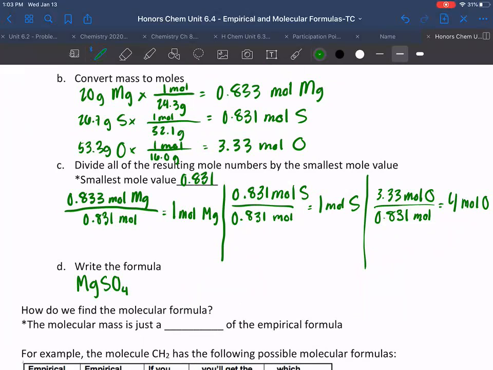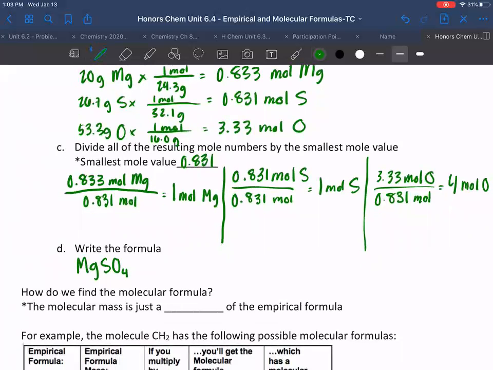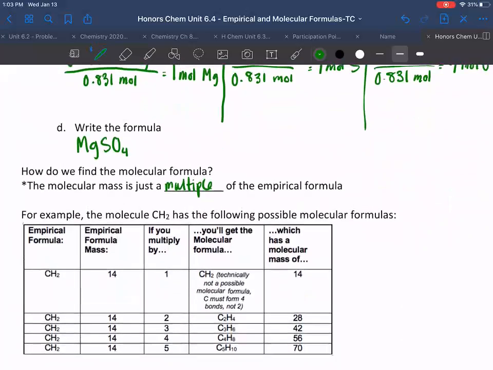All right, any questions on this? Okay, so how do we find the molecular formula? Well, like I said earlier, the molecular mass is just a multiple of the empirical. So there's a good example here with CH2.